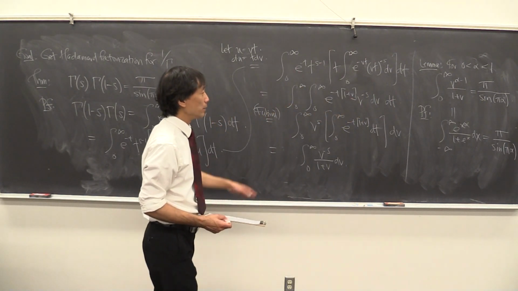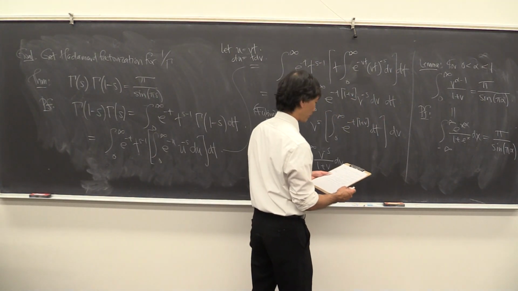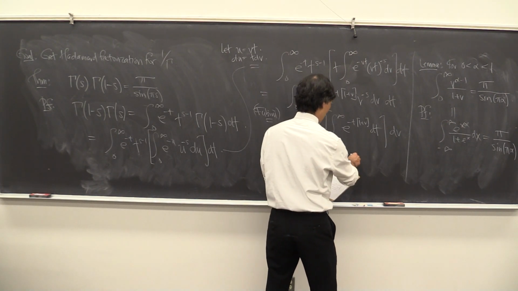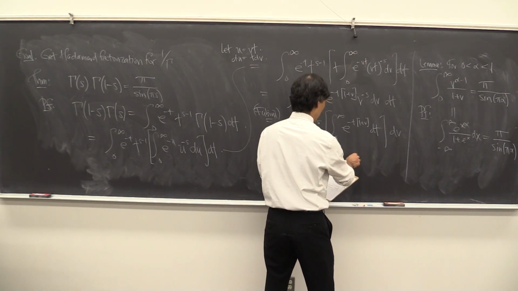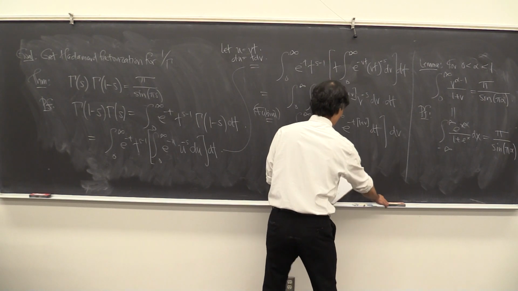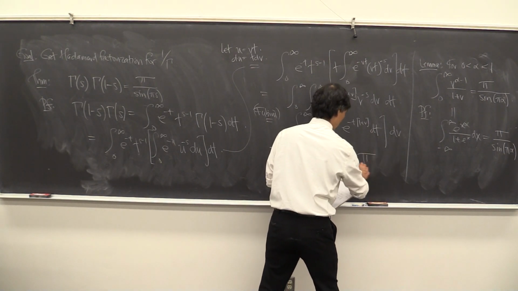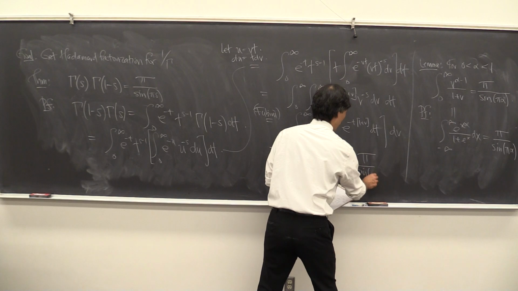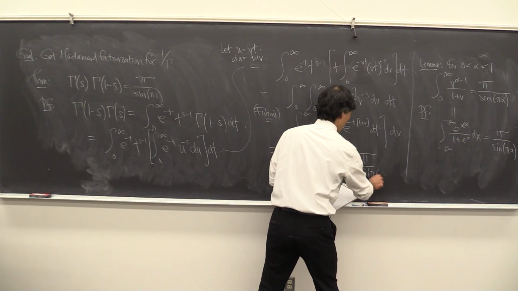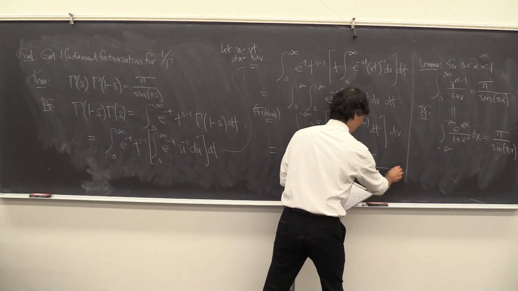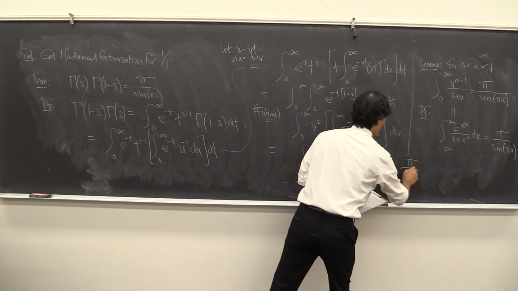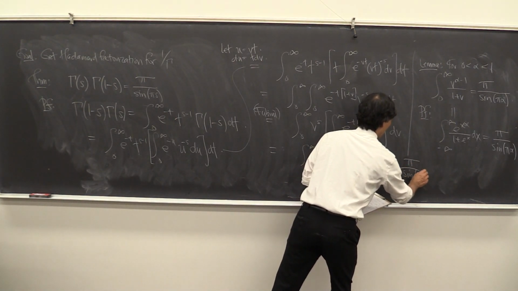Okay, and so that gives you that this equals pi over sine pi 1 minus s. Let's just say pi over sine pi s.